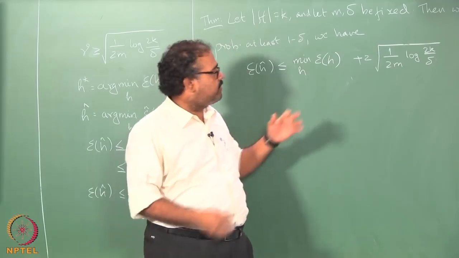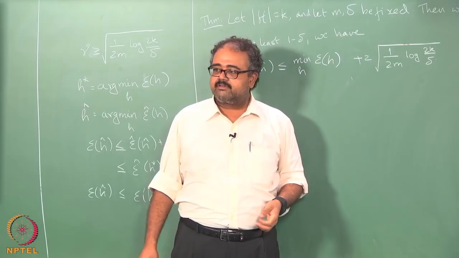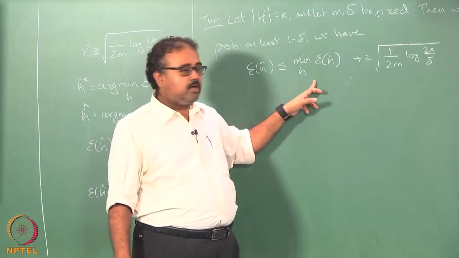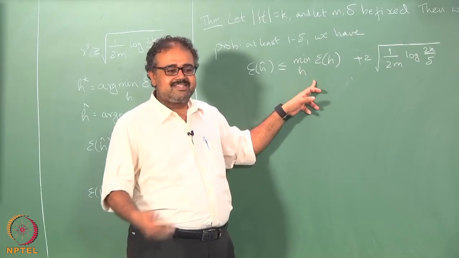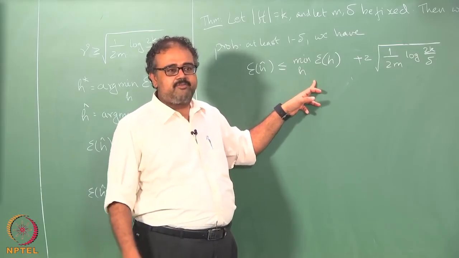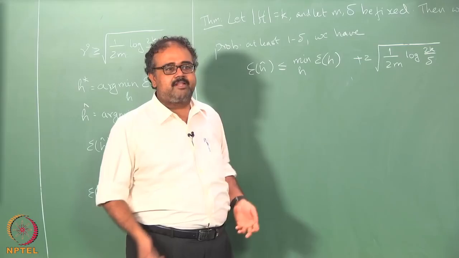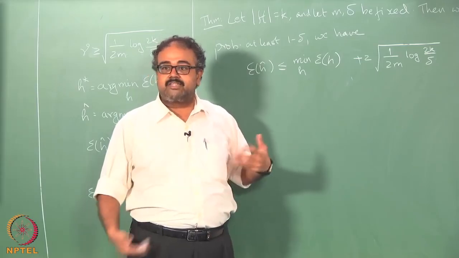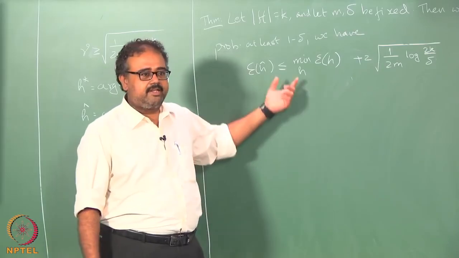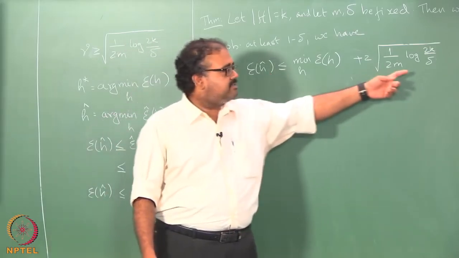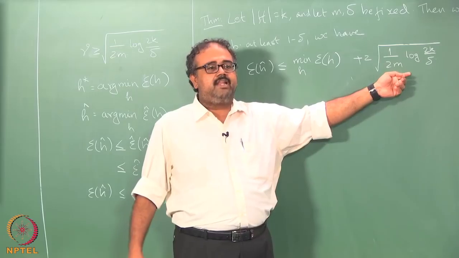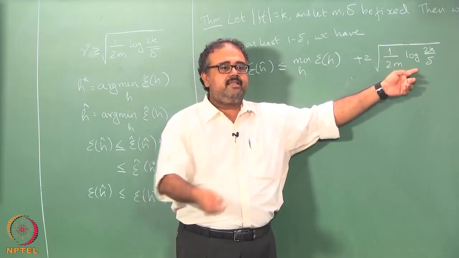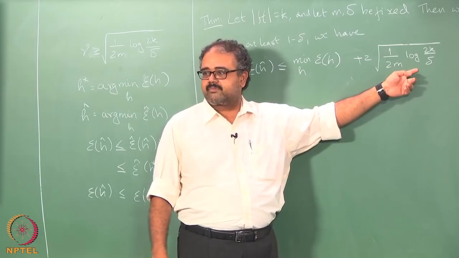So this is one form of bias variance trade off. If the hypothesis class is small, regardless of how much data you give me, I will always be making some error because I have only a few hypotheses that I can search through. That is like a bias, like doing linear regression. And this is variance, because if the hypothesis class is very large, then I will need a lot of samples to estimate the error properly.